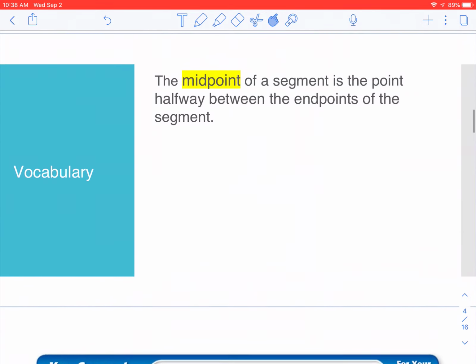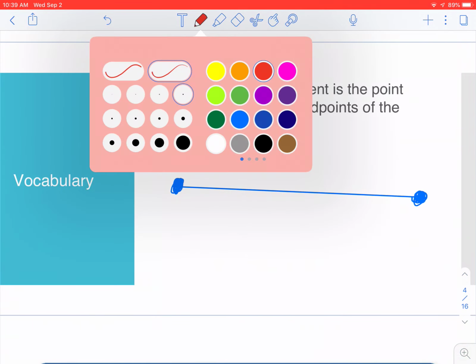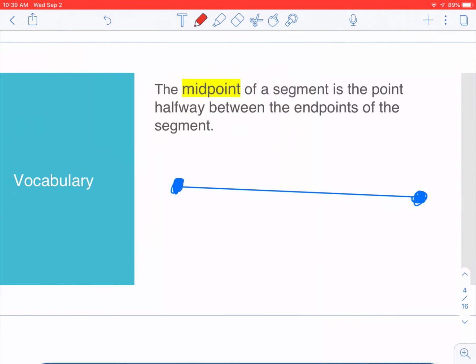A midpoint of a segment is the point halfway between the endpoints of a segment. So if I draw a segment here, here's a line segment, and a line segment does not go on forever like a line. It just has two endpoints. The midpoint is halfway through.